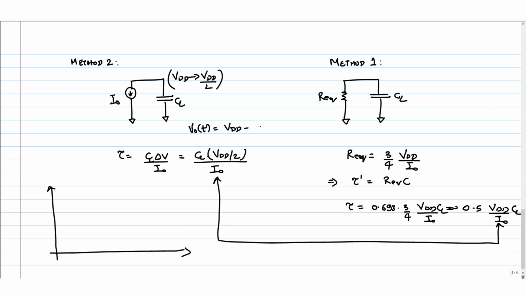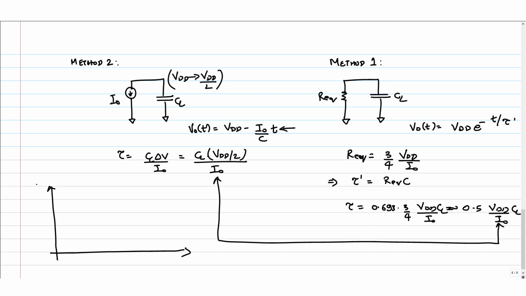What is this? C dV by dt equal to I, so I naught by C into t. Whereas this guy, V naught of t is VDD e power minus t by tau prime. So the two models actually follow different equations with respect to time, but this one is more accurate.